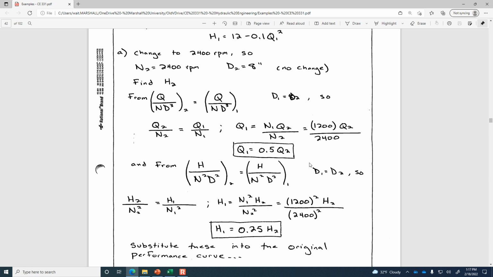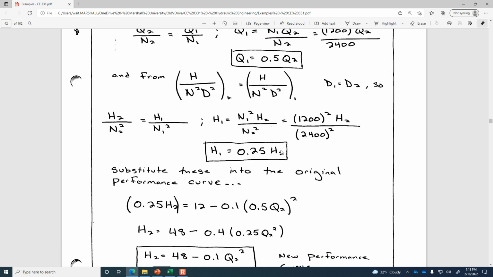So I'm going to divide both sides by 0.25. Since I'm running out of space on the whiteboard, let me scroll down here on the PDF and show you what the conclusion of this is. Divide both sides by 0.25. So that gives us H2 on the left, and then 48 minus 0.4 times the 0.5 Q squared inside the parentheses.